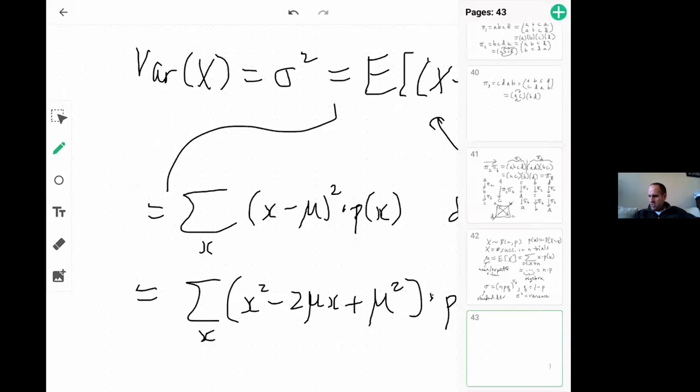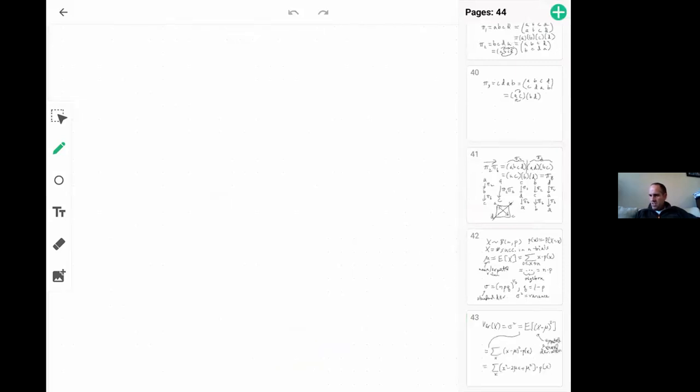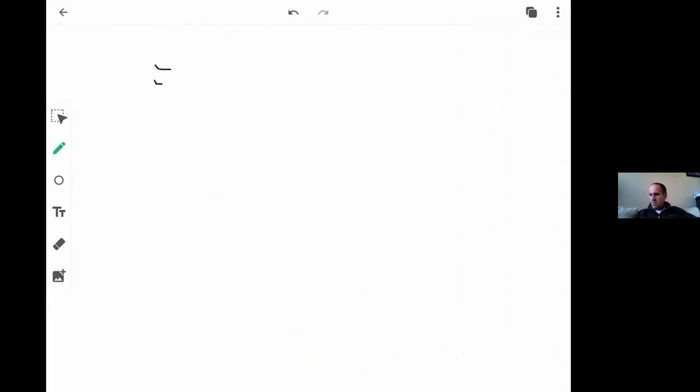So let's go to the next page here. Watch this. This thing is equal to, again, this is the formula for sigma squared, the sum over x of what? The first thing was x squared.